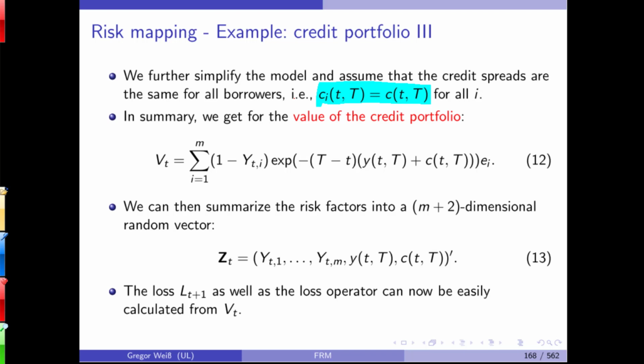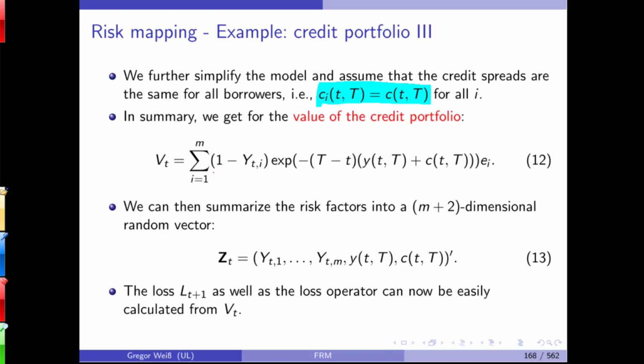And CI is the idiosyncratic credit spread, and we now change that to a constant credit spread that is common and equal for all the banks. In summary, we then get for the value of the credit portfolio, VT, the sum of 1 minus YTI, the indicator variable, times exposure times the continuous discount factor.